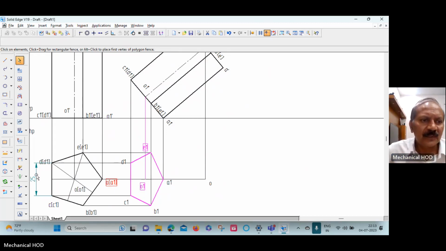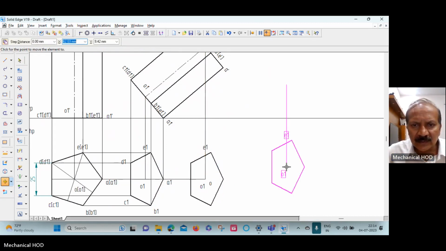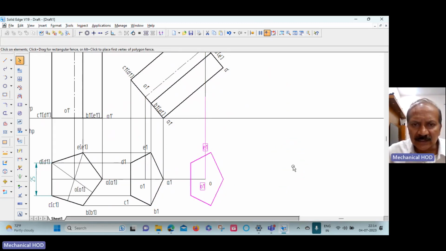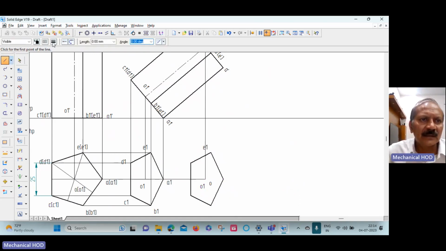Then move, copy on, move from the O1, keep it on O here. Come out and right click. Okay.